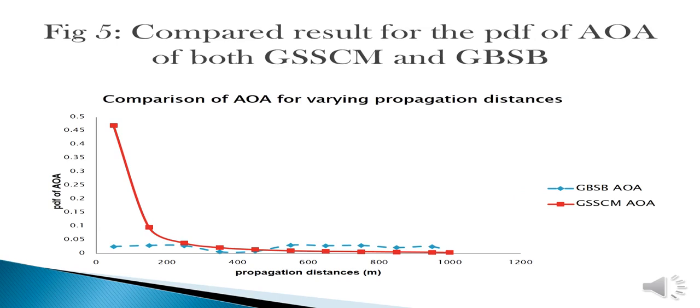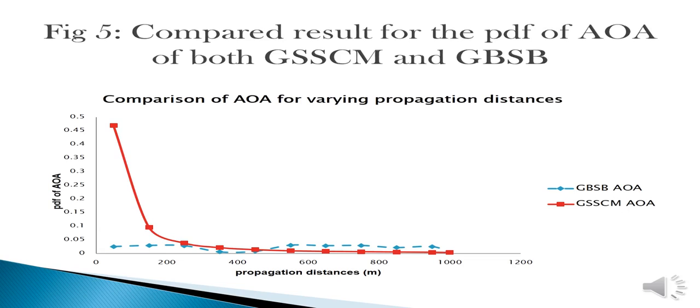Now we have a graphical figure 5, which shows the compared results for the PDF of AOA for both GSSCM and GBSB. This is a graph resulting from simulations, and we can see the GSSCM is the red line while the GBSB is the blue broken lines.